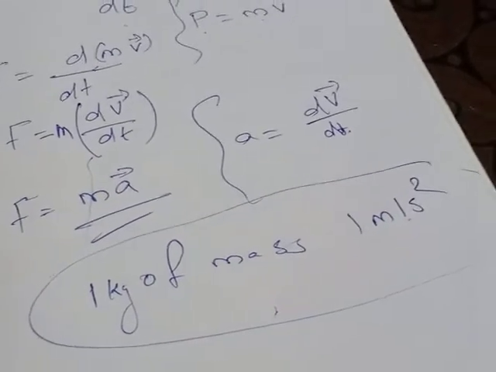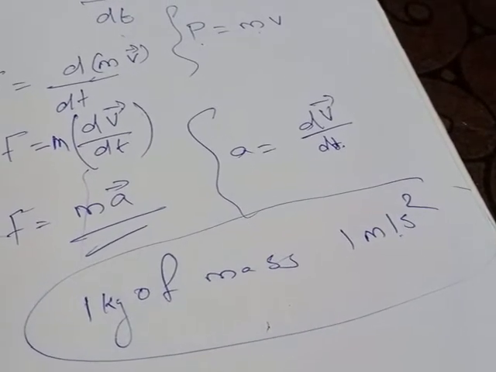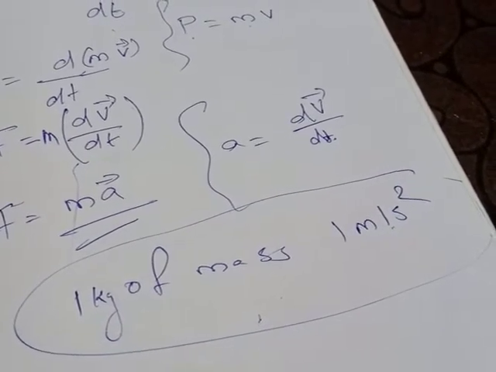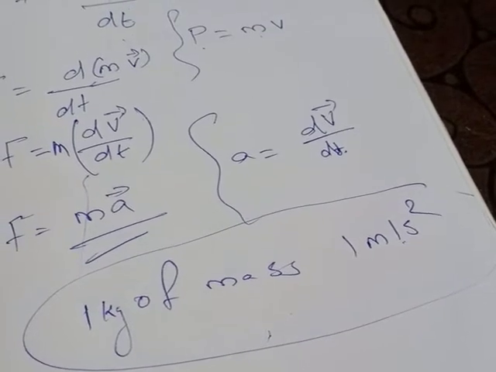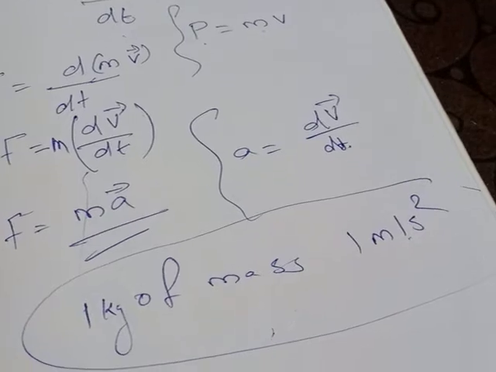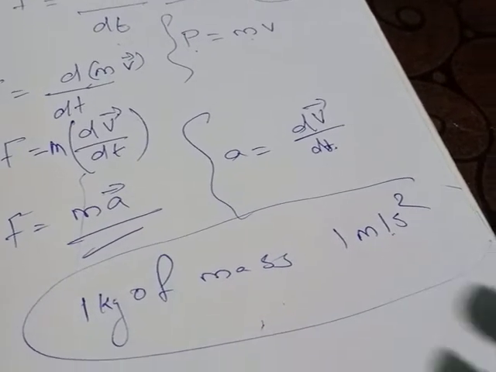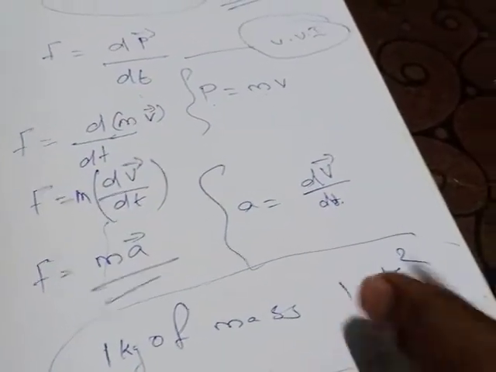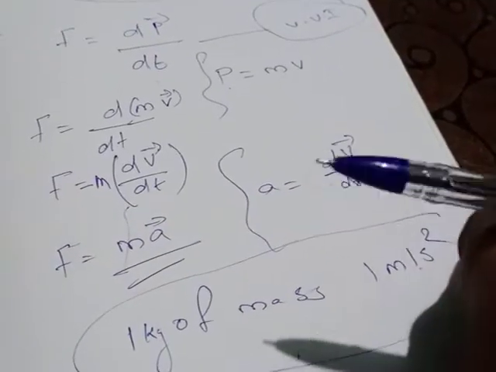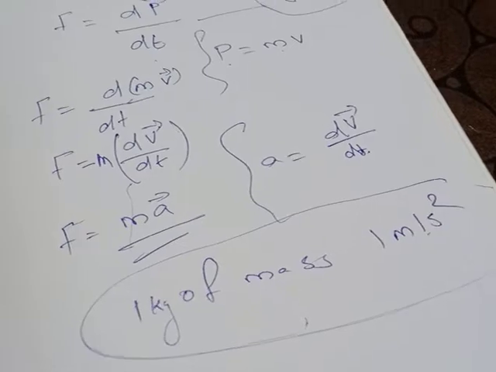So 1 Newton is defined as the force which acts on 1 kilogram of mass to give an acceleration of 1 meter per second square. Suppose you have a 1 kilogram object in front of you, like this book, and you apply a force on it.